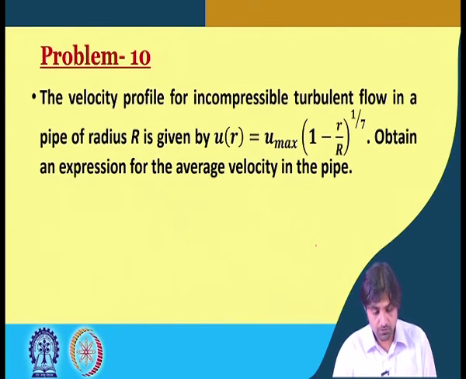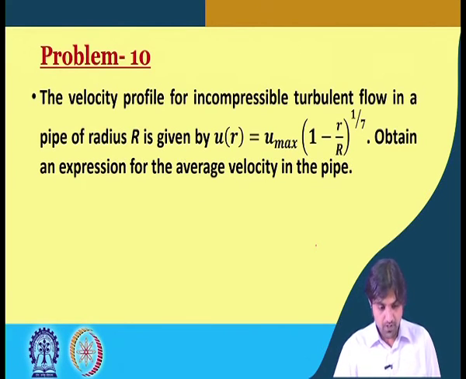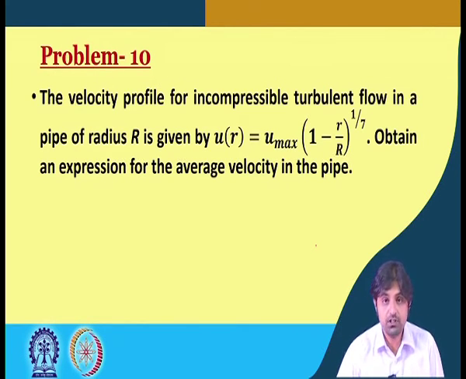Now we are going to solve one of the problems. The velocity profile for incompressible turbulent fluid in a pipe of radius R is given by u of r as u max into 1 minus r by R to the power 1 by 7. Obtain an expression for the average velocity in the pipe.